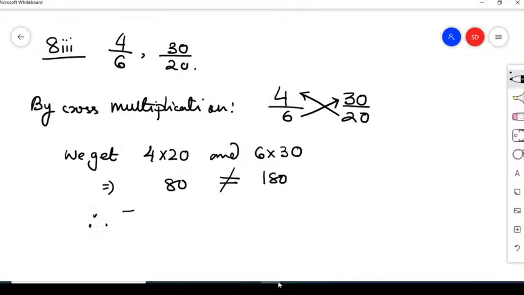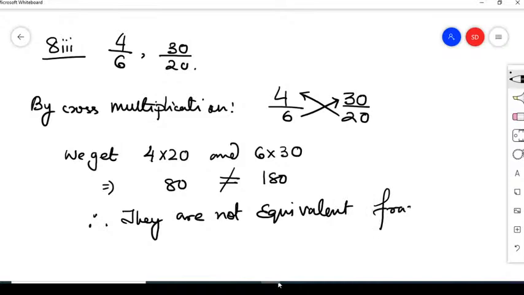Therefore, they are not equivalent fractions. Okay. So this means not equivalent, not equal. Like we write this for equal, this is not equal.